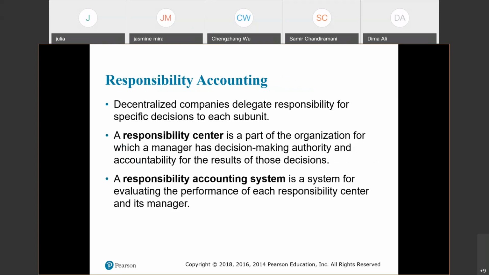Decentralized companies delegate responsibility for specific decisions to each subunit, creating responsibility centers. So here, let's get to know the 4 types of responsibility centers. Well, first of all, what is a responsibility center? A responsibility center is a part of the organization for which a manager has decision-making authority and accountability for the results of those decisions.